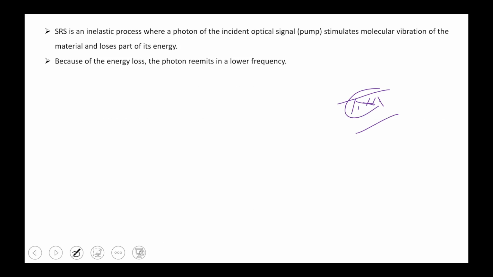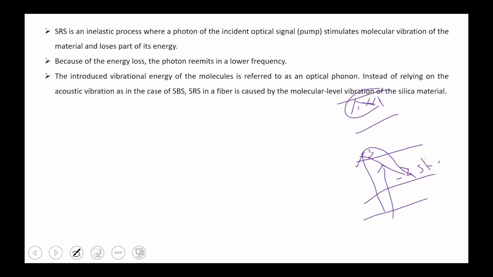Because of the energy loss, the photon re-emits at a lower frequency. So a photon with high energy, due to the inelastic collision, is shifted to lower energy. This is the same as the laser principle, stimulating from higher energy to lower energy. The introduced vibration energy of the molecule is referred to as the optical phonon.